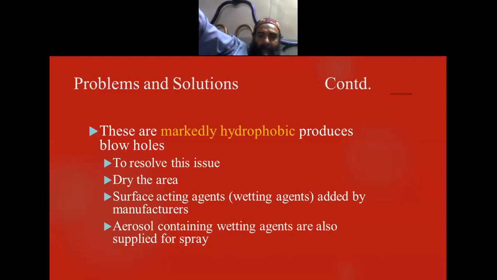So these materials are markedly hydrophobic and usually produce blowholes. And what will be the solution? Only solution is to dry the area simply. The surface acting agents, which are also called wetting agents, added by manufacturers can also be used, and they are also added by manufacturer into the material.